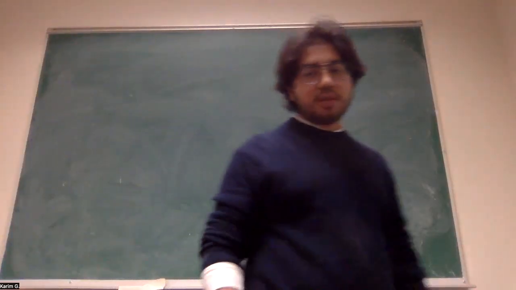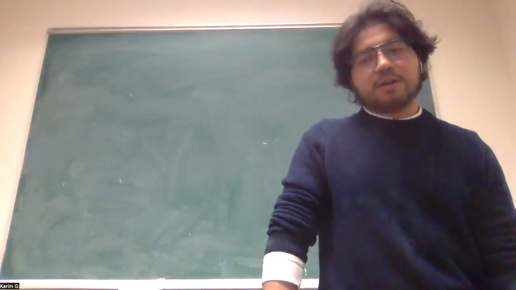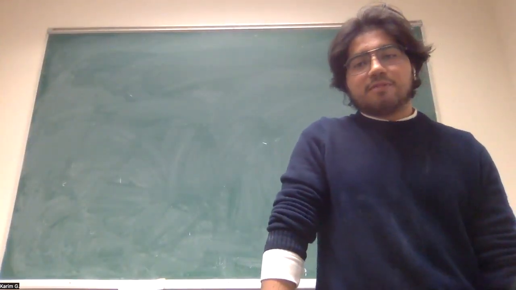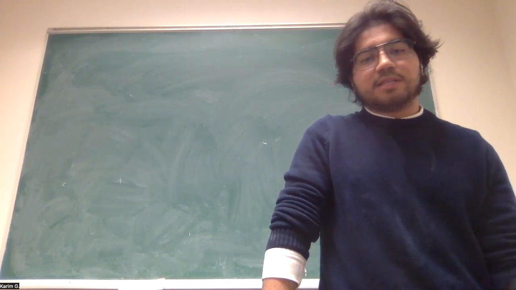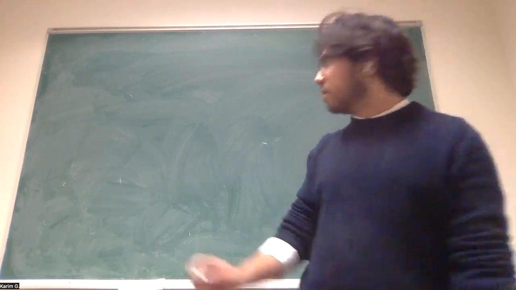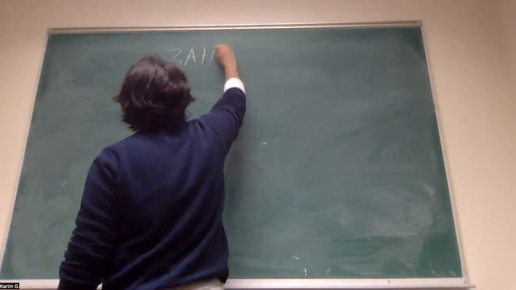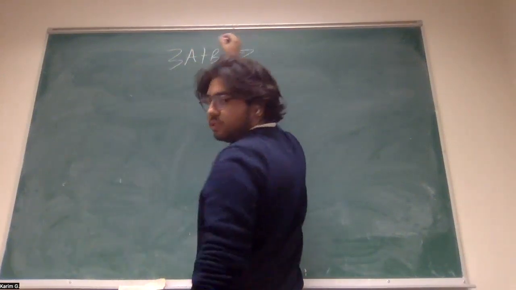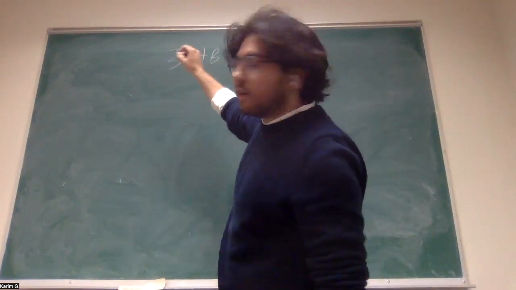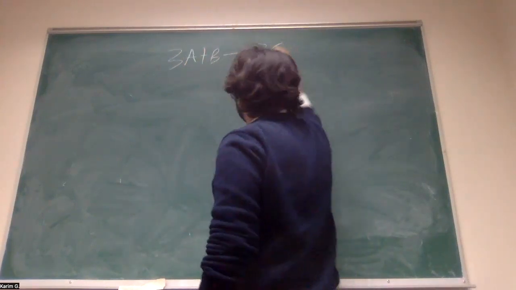Okay, module 7, number 1. It says label everything appropriately, show linear increments along axes. The following gas phase reaction takes place inside a closed chamber: 3A plus B yields 2C.